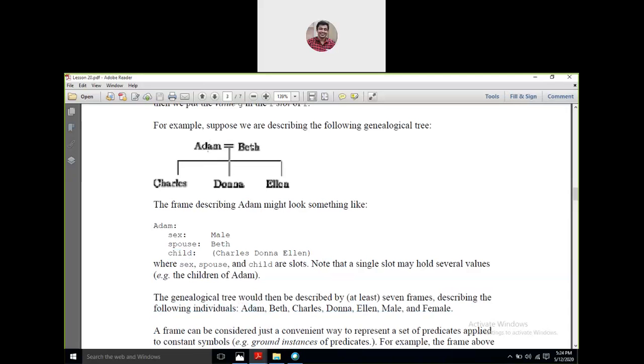If I am having this genealogical tree out here for Adam, and I ask you that since I am creating a frame for Adam with Beth as his wife and these 3 as his children, so my initial level of slots are what? This, this, and this: spouse, child and sex, right? What will happen if I'll be joining this frame, that means the frame called Adam, with another frame? If I'm joining this frame of Adam with another frame, X or Y, then I'll be joining it on the basis of their slots.